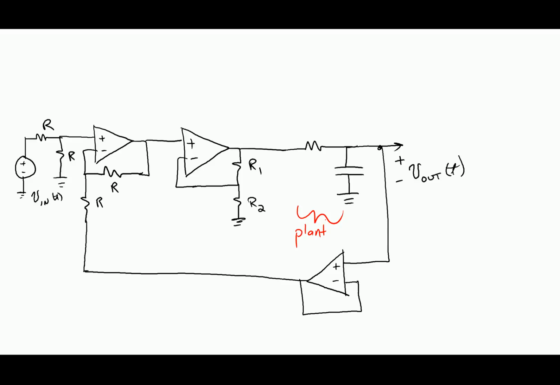As I discussed previously, when I talk about orders of systems, if I can identify in my plant one energy storage element, then I have a first order system. If I can identify 2 energy storage elements, I have a second order system, and so forth.